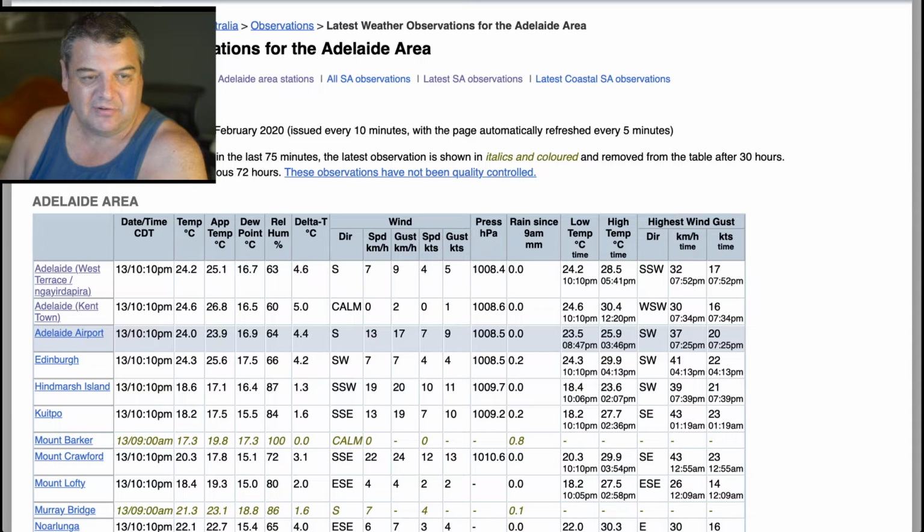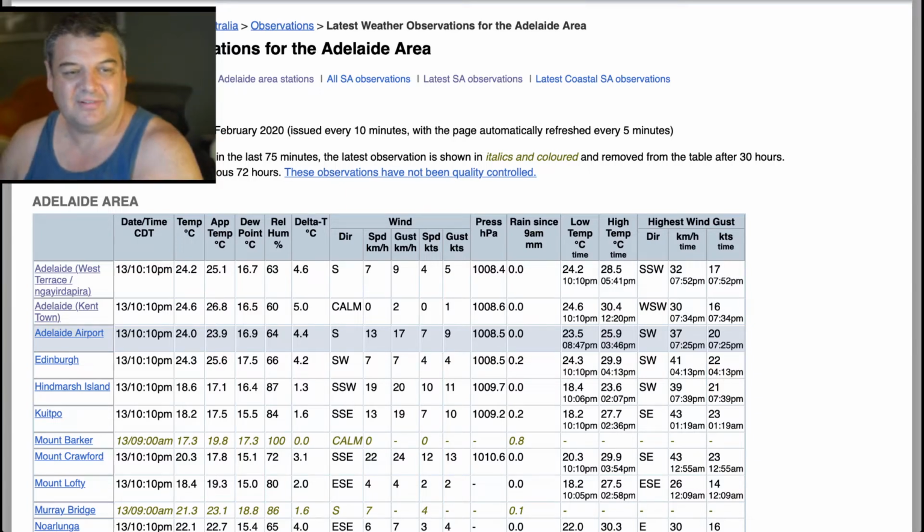That's why relative humidity isn't a really good way of working out how comfortable it is outside, because you can have a very high relative humidity but a low temperature and a low dew point. If this dew point was say 10 degrees, you'd still feel comfortable at say 20 degrees with the same relative humidity. So it's all related.